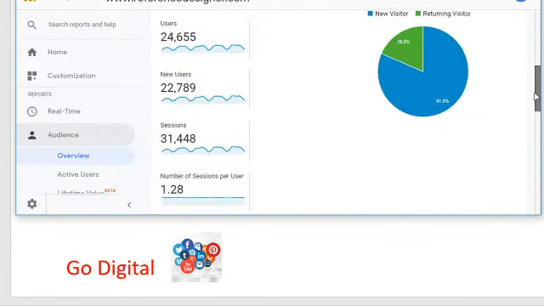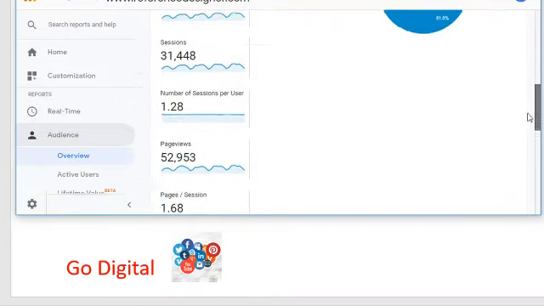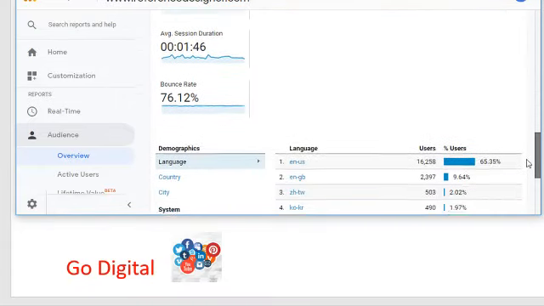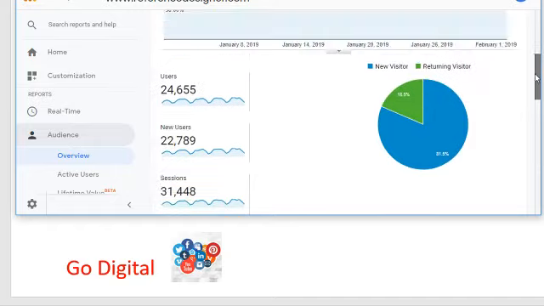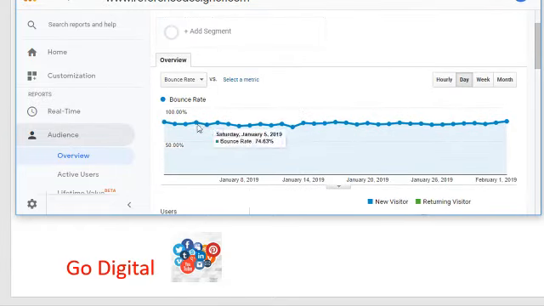This is the Google Analytics for one of the websites that I'm looking at. For this website, the bounce rate is 76.212%. If you look at the graph over a period of time, you see that it sometimes ranges between 75%, which is worse, 71%, which is a little better, and 78%.